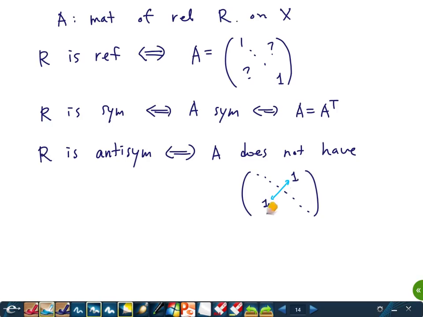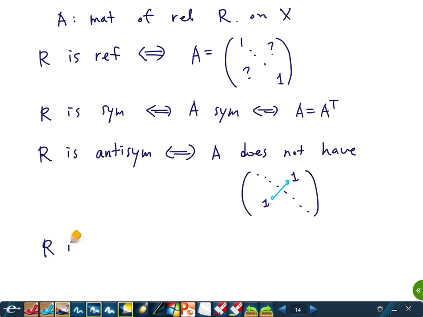If you don't have this, that's fine. If there is at least one pair of ones like this, then it's not going to be antisymmetric. If you cannot find this, then it's antisymmetric, meaning there is no pattern like this.